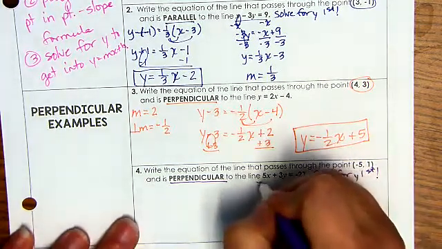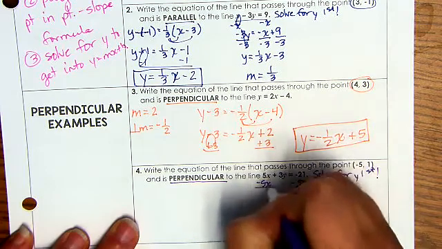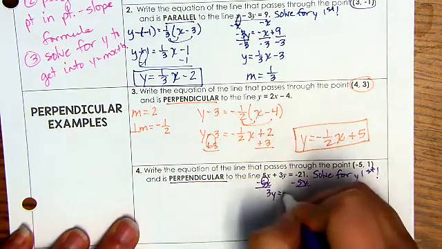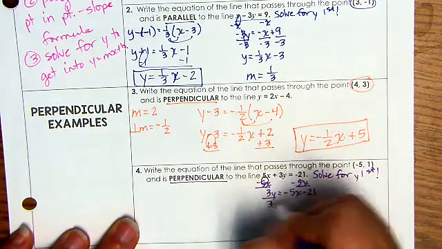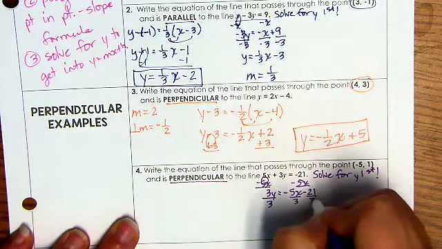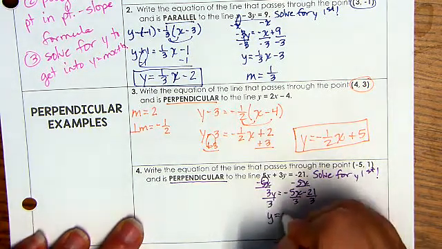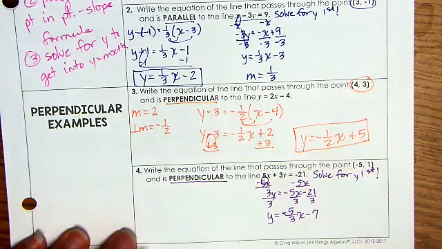I'm going to subtract 5x, so 3y equals -5x minus 21, divide by 3 to everything, y equals -5/3 x minus 7.